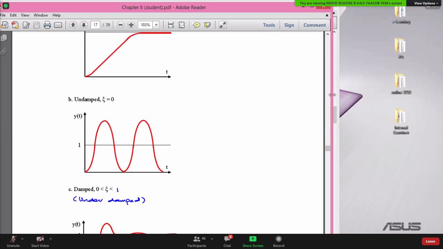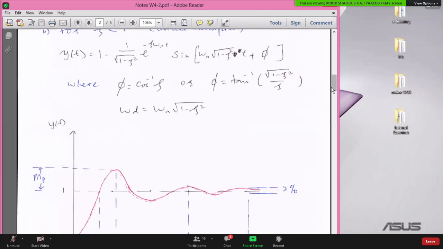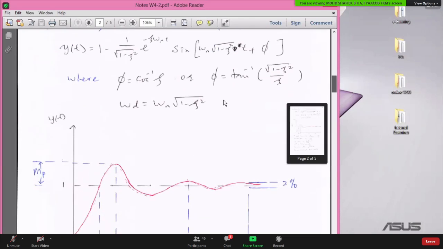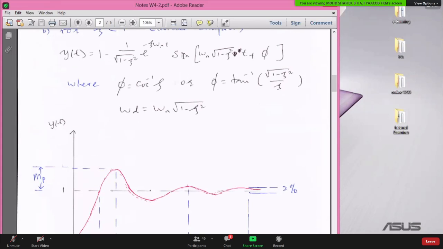Oh, there is one more case. See, when zeta is exactly equal to 0, everything will reduce to just 1 minus sine of omega n t plus phi.